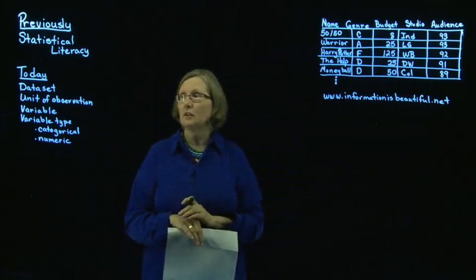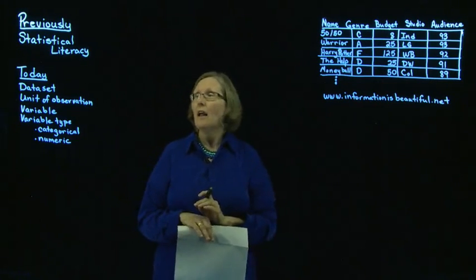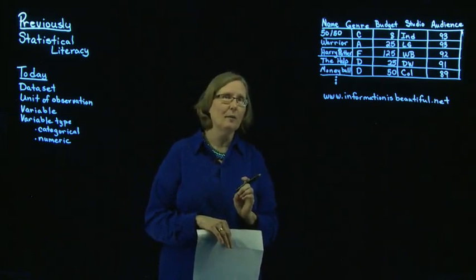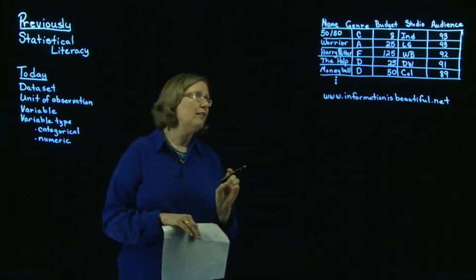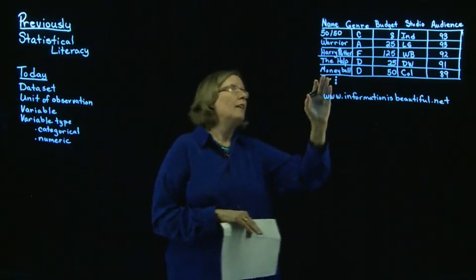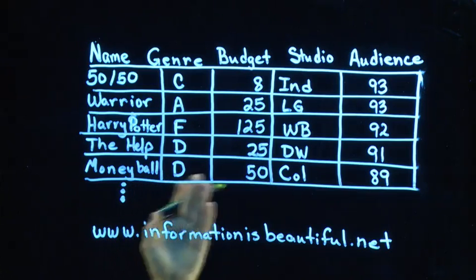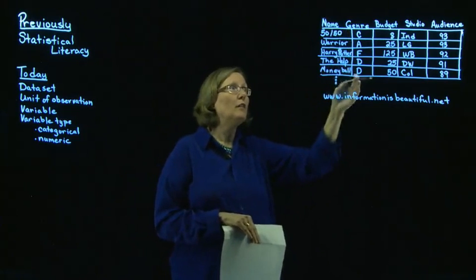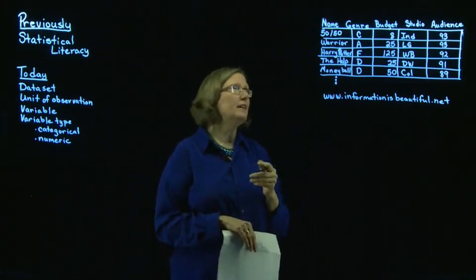This takes us to the variable type. The first type of variable that we're going to talk about is a categorical variable. It doesn't have numeric values. The name of the movie, the genre, and the studio are 3 examples of categorical variables. The genre of the movie: was it a comedy? Was it an action?